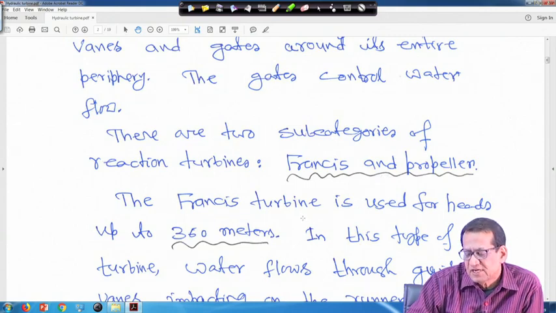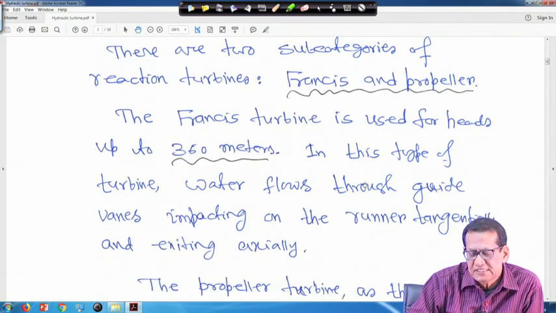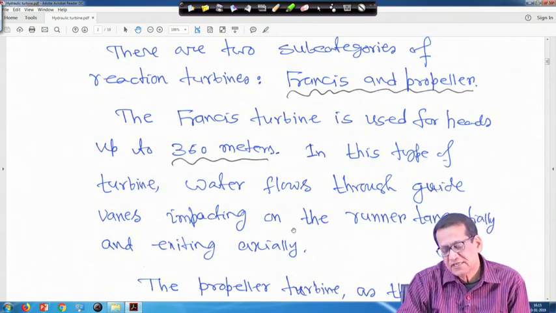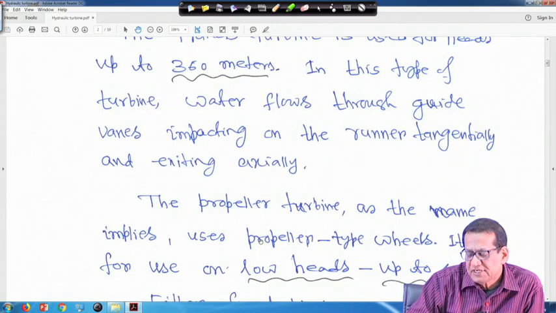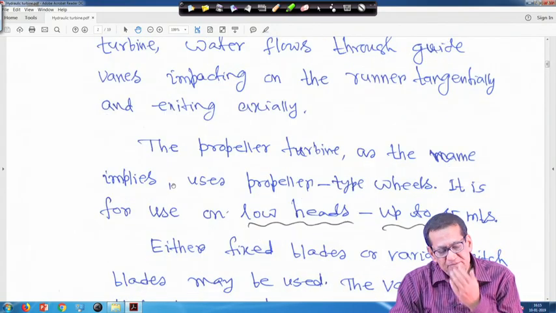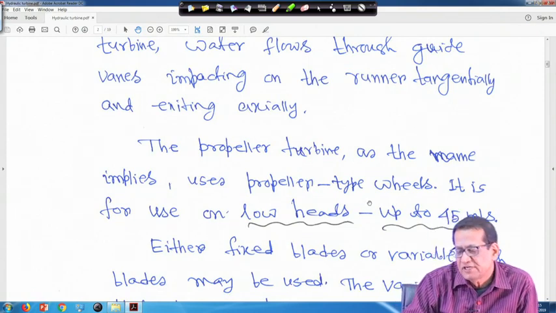The Francis turbine is used for heads up to 360 meters. In this type of turbine, water flows through guide vanes, impacting on the runner tangentially and exiting axially.